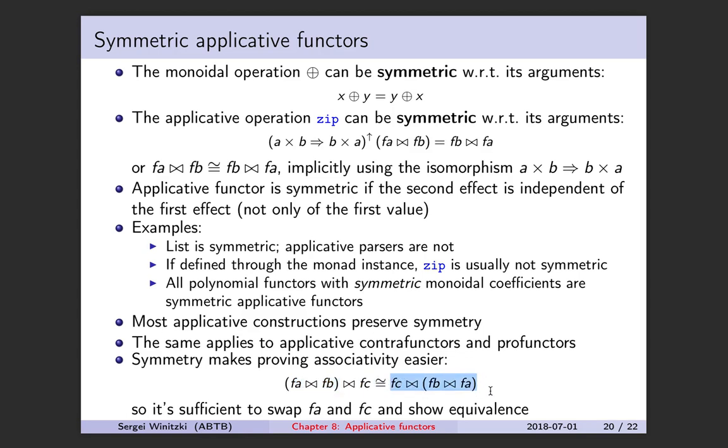So you have that, which is almost what you need to prove associativity. You just need to swap FC and FA. And so that's perhaps much less work. You just compute this, and then you swap FA and FC in it, and you demand that the result be the same up to the swapping of types.